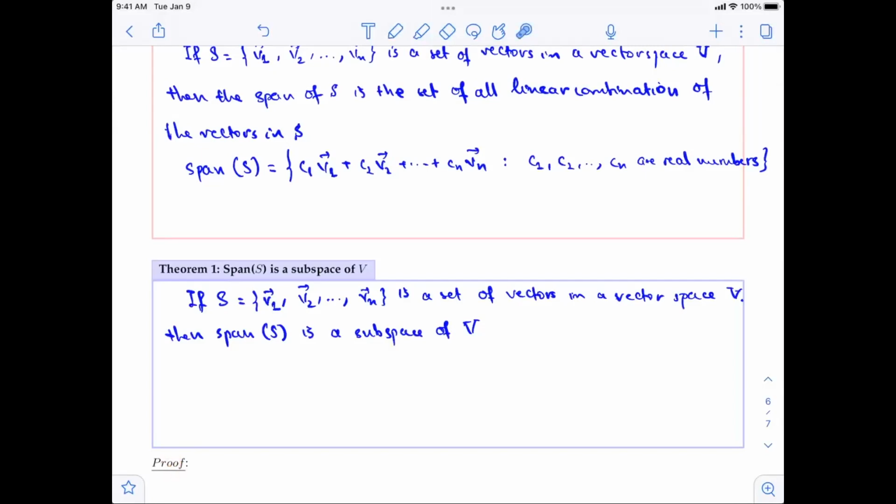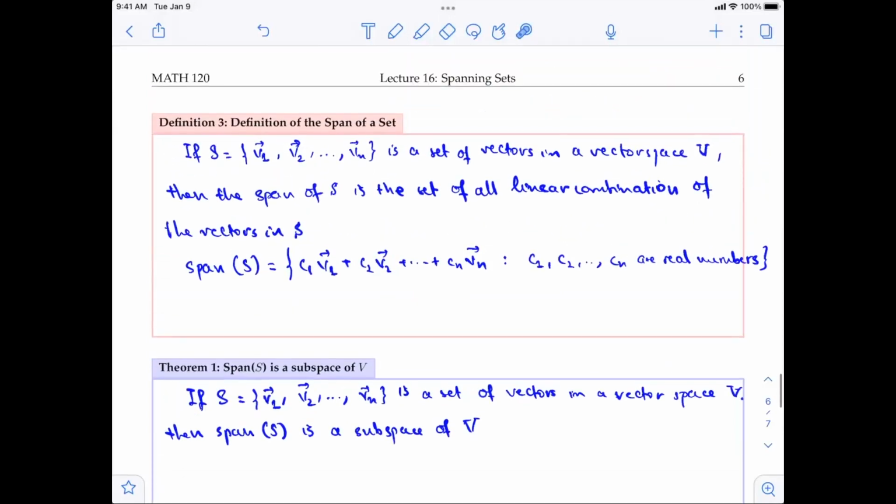Even though I write the proof here, I'm going to omit the proof for this particular theorem and stop the lecture at this point. On this page, we just want to give you a quick definition of the span of a set, and say that span S is a subspace of the vector space V.